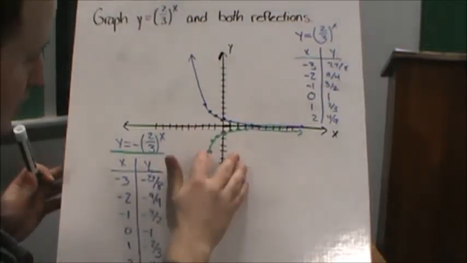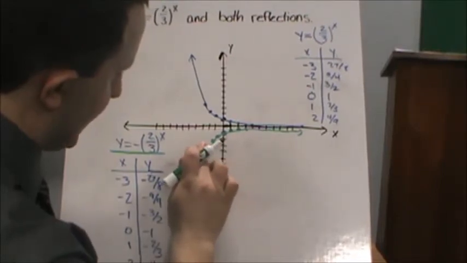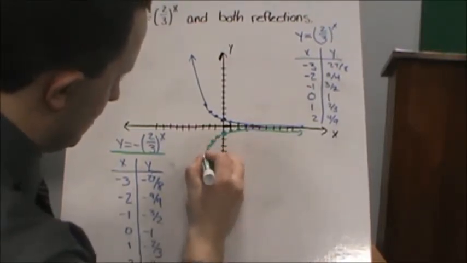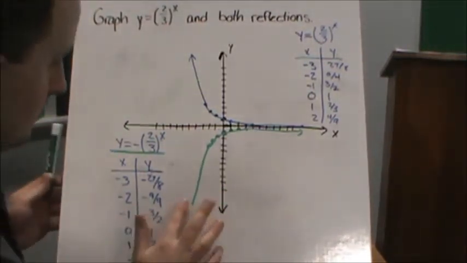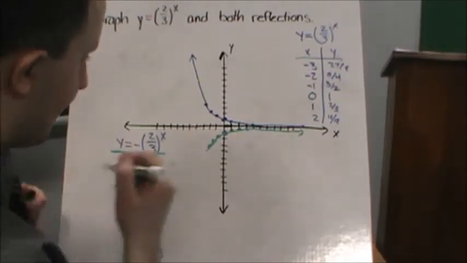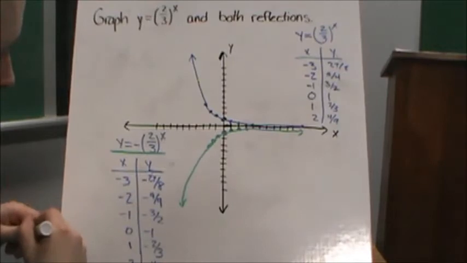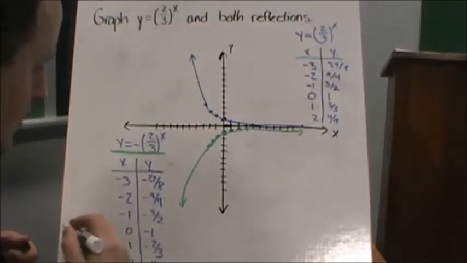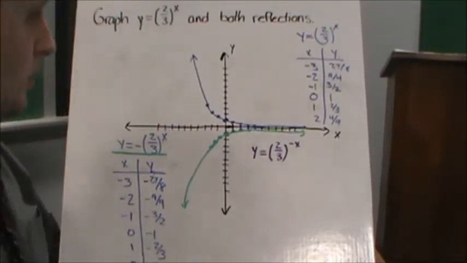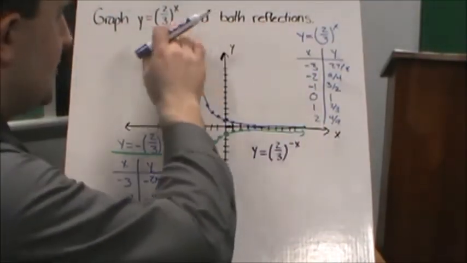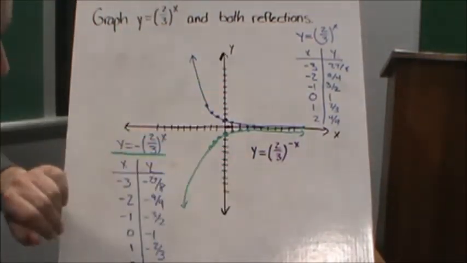I know it's not exact, but it's pretty darn close to what we're going to get. Regraph that. So we graphed the function y equals 2/3 to the x, and we took care of the reflection across the x-axis.